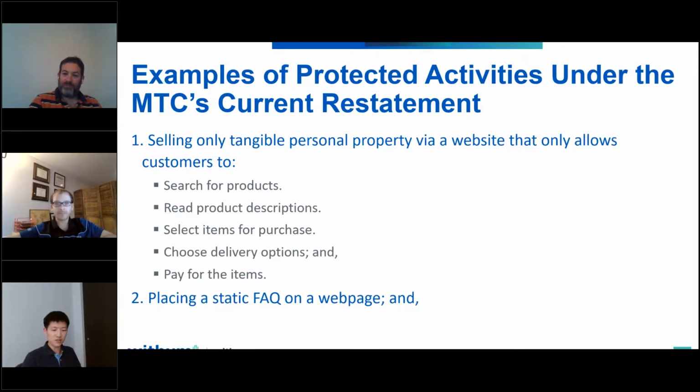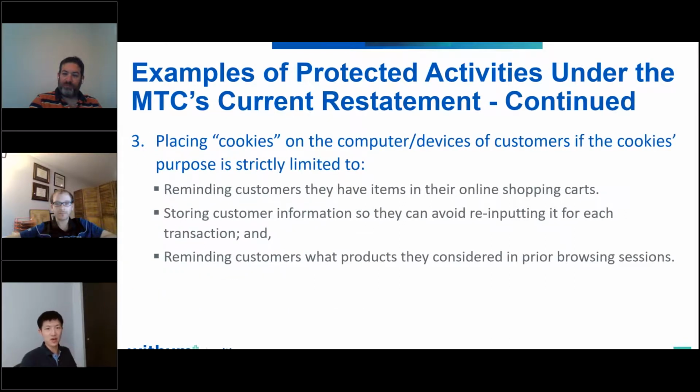It doesn't sound too bad for now. Another item is placing static frequently asked questions on a web page, and placing cookies on their computers and devices, limited to reminding them that they have items in their shopping cart, storing the information so they can avoid re-inputting it, and reminding them what products they considered in prior browsing sessions. So it doesn't sound too bad until we talk about the unprotected activities.